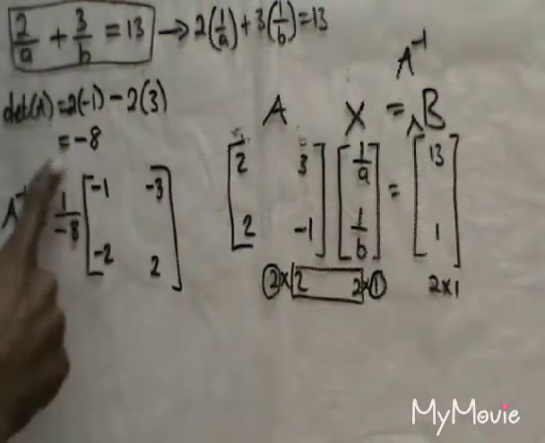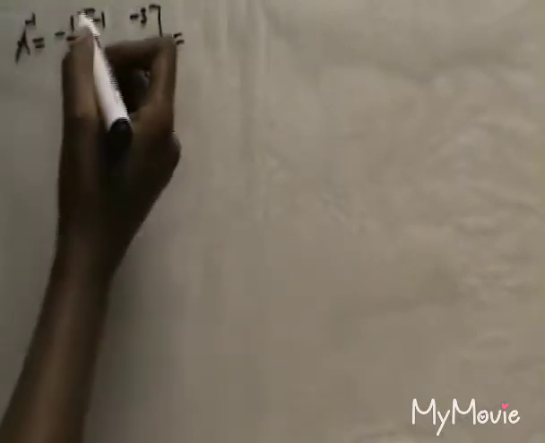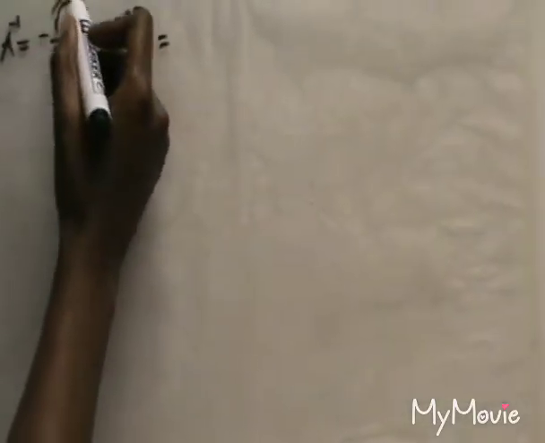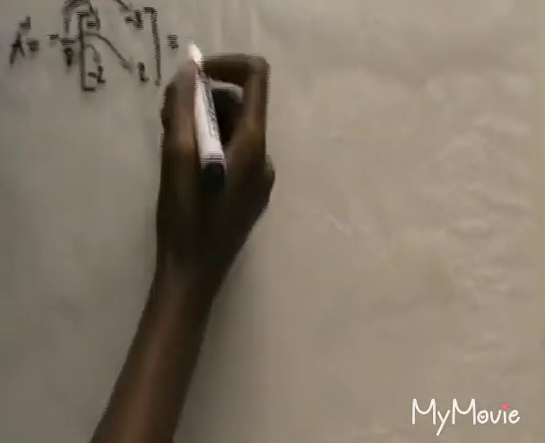Now when I multiply the scalar with this matrix, what I will have is my A inverse. Okay, so there it is. All we have to do is multiply the scalar inside. I should multiply every term in there. Okay, and when we do that, this is what we get.